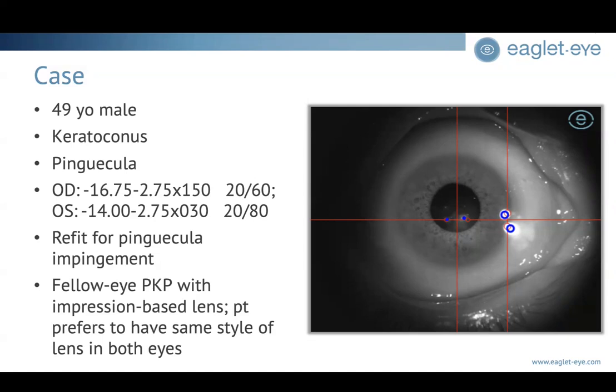In this case, on his left eye, he has a graft, a more compromised eye, so he had already been fit in an impression lens that more closely matched that eye shape. And he wanted impression on both sides because he really liked the way that the lens handled and he liked the fit of it the most. He was ready to have the lenses match for the optic as well for the multifocal.